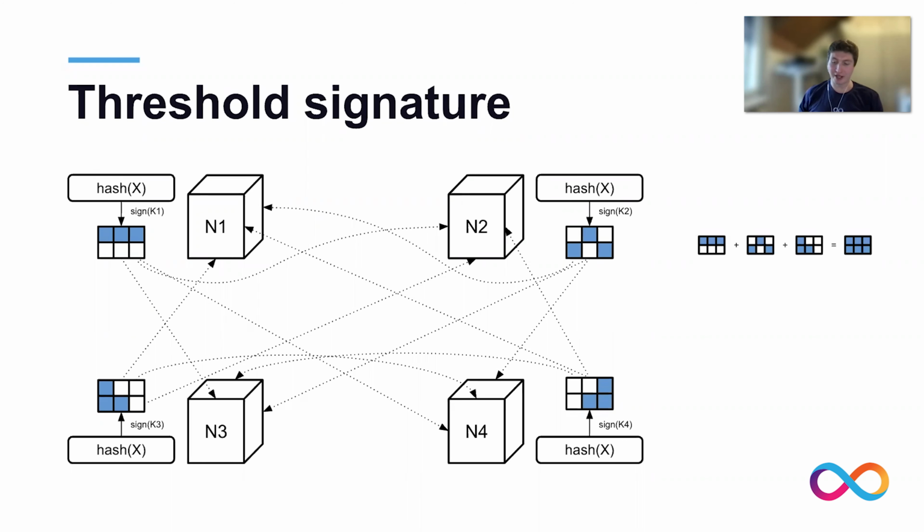The analogy I have in mind when I think about it is jigsaw puzzle pieces. We want nodes to be able to construct a coherent picture out of jigsaw puzzle pieces, and we distribute different pieces to different nodes so that any three of those nodes can combine the full picture, but two or one node cannot. And if you sign something else, you don't get a coherent picture.